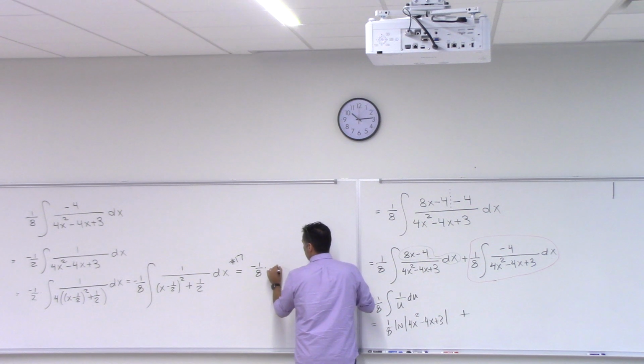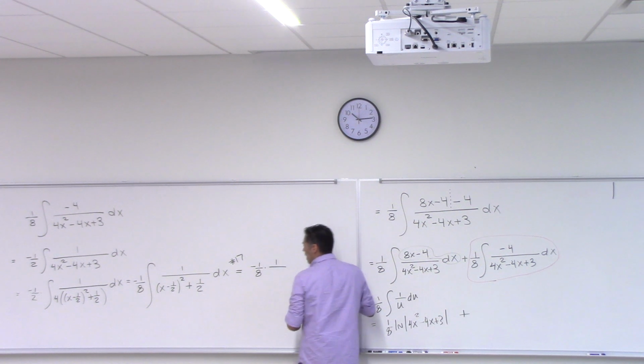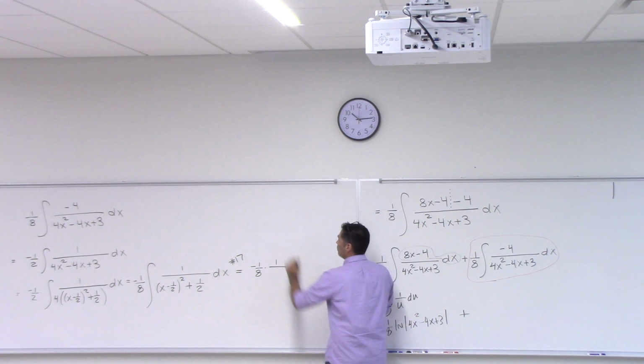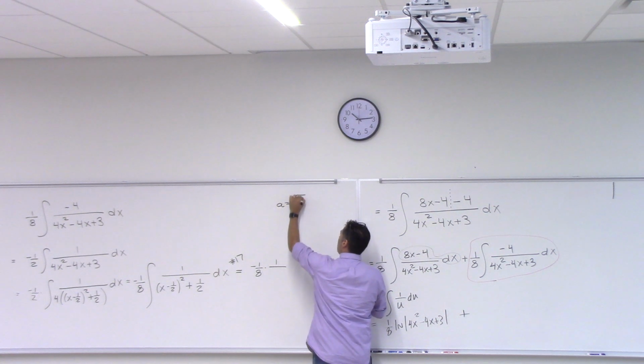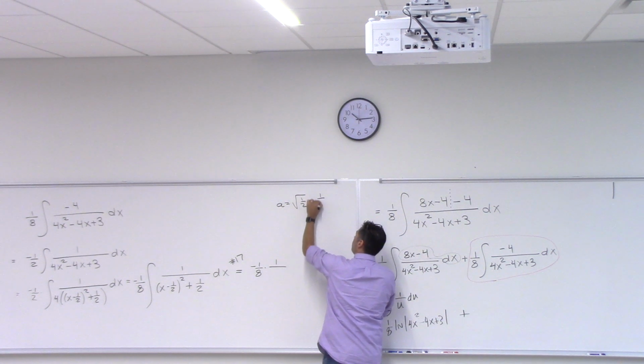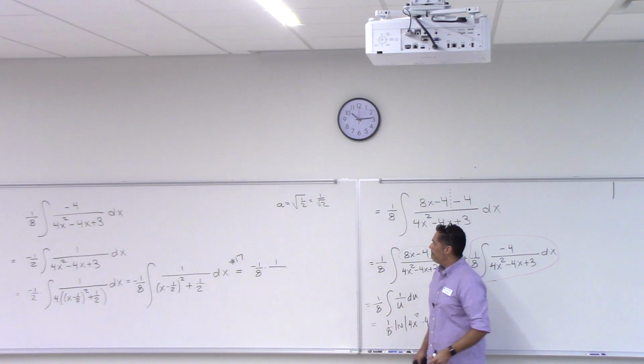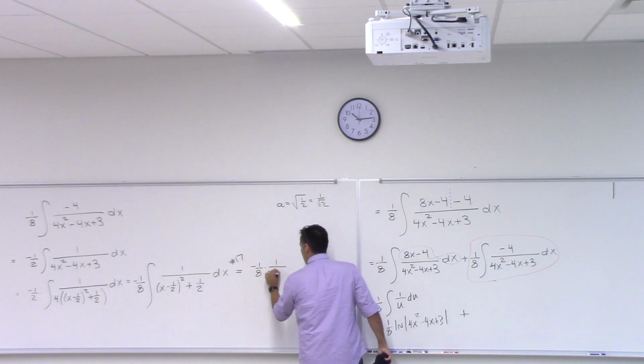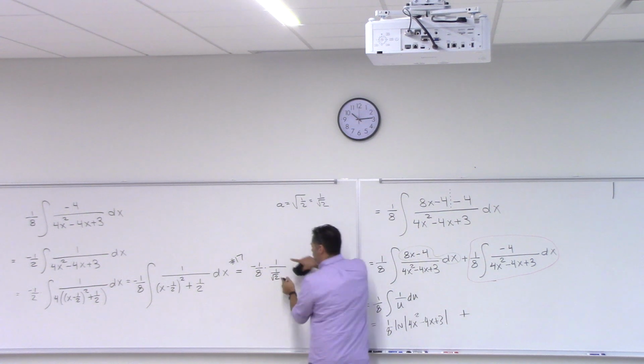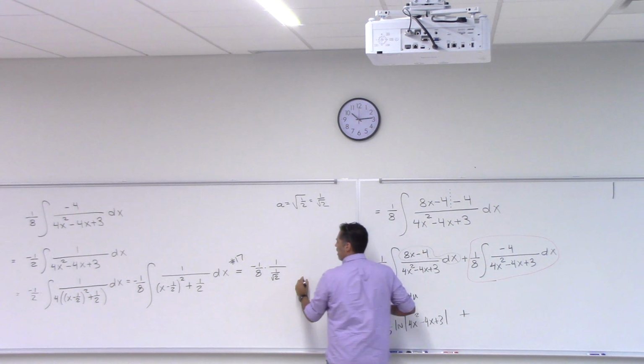Formula 17 says I do 1 over A. What's A? Is the square root of 1/2, which is the same as 1 over root 2, isn't it? You can do the square root top and bottom separately. So it's 1 over A, but A is 1 over root 2. That's going to wind up flipping, but I'll do that in a second.